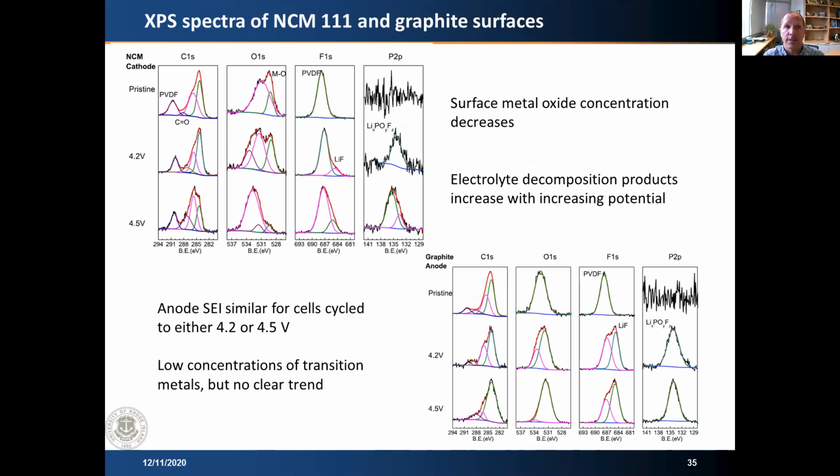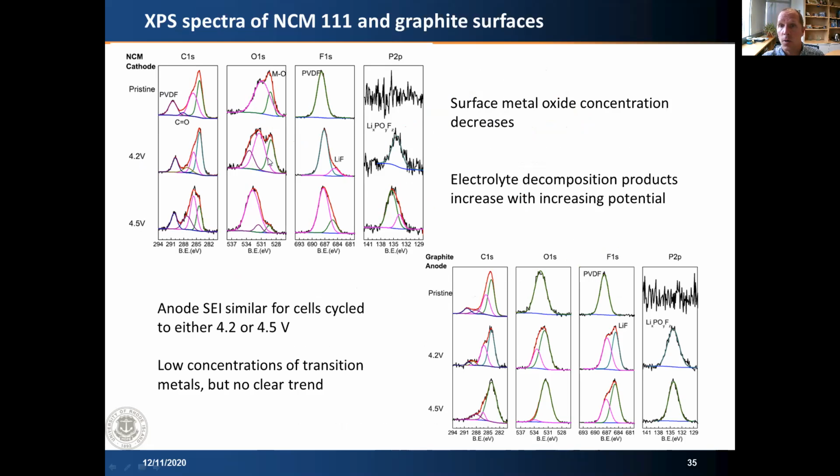So if we go back and investigate the surface of these NCM111 cells by XPS spectroscopy, once again, the surface metal oxide concentration decreases upon going to higher potential, from the pristine to the 4.2 volts. And if we go to 4.5 volts, we see an even greater decrease in the overall concentration of the metal oxide.